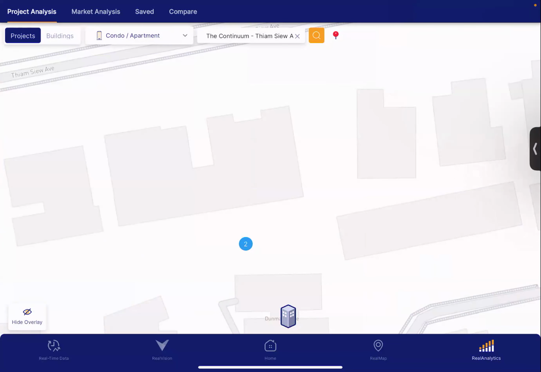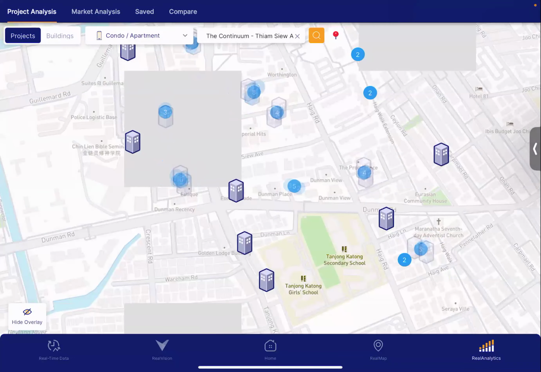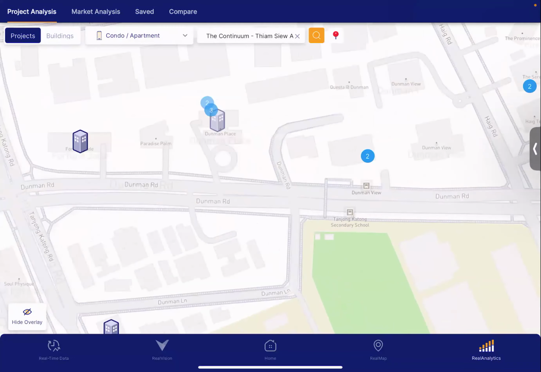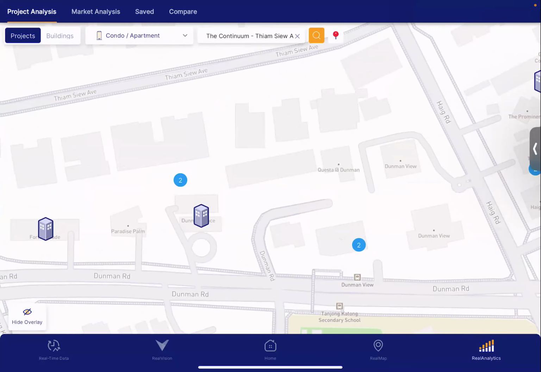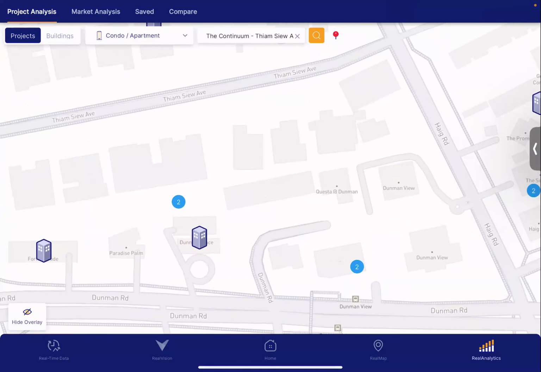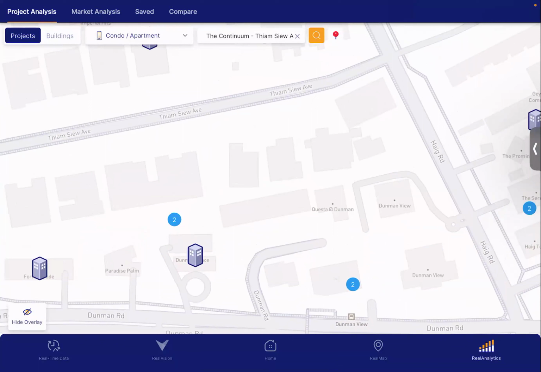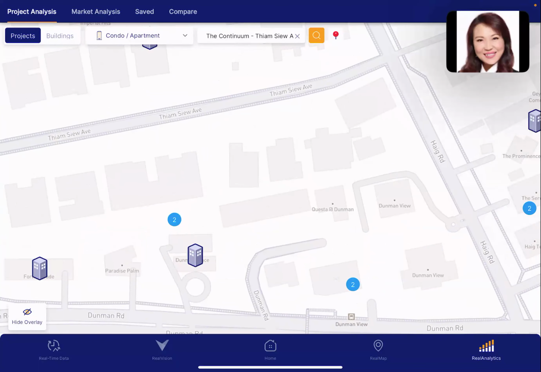Okay, the last one, the Continuum, I think doesn't have any building icon yet. I think it's not yet built, is it? I think they haven't started selling yet, so I cannot compare. The thing about this is that there needs to be transactions for me to compare.